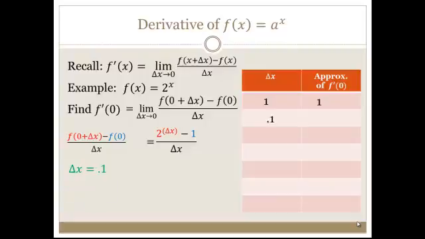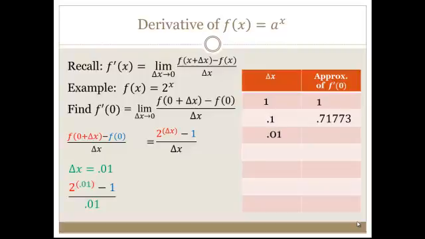Now let's take delta x to be 0.1. Here we compute 2 to the 0.1 minus 1, all divided by 0.1, to be 0.71773. So our new approximation for f prime of 0 is 0.71773. Carrying on, we take delta x to be 0.01. Here we need to compute 2 to the 0.01 minus 1 all over 0.01, which comes to 0.69556.